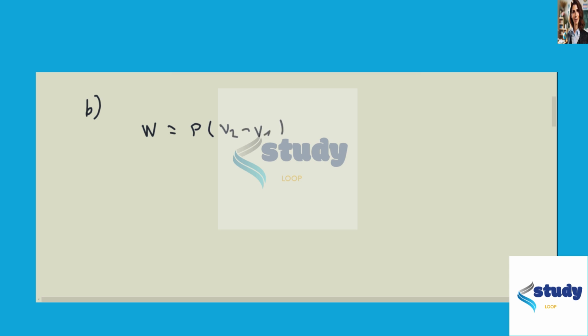We can simply substitute that the constant pressure is 10 to the 5th power pascals times 0.06 meters cubed minus 0.02 meters cubed. When we put these values into a calculator, we obtain that the work done is equal to 4,000 joules.